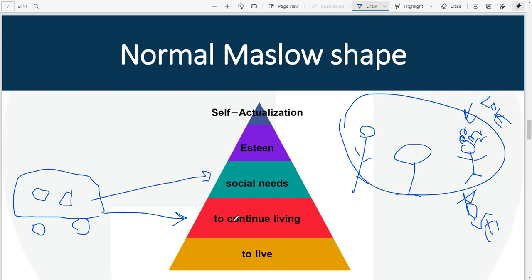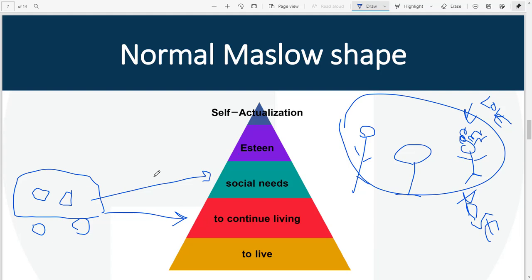Okay, but you want a car. Maybe you want the best Benz product. You say, I want a BMW. I want the best car in my country.